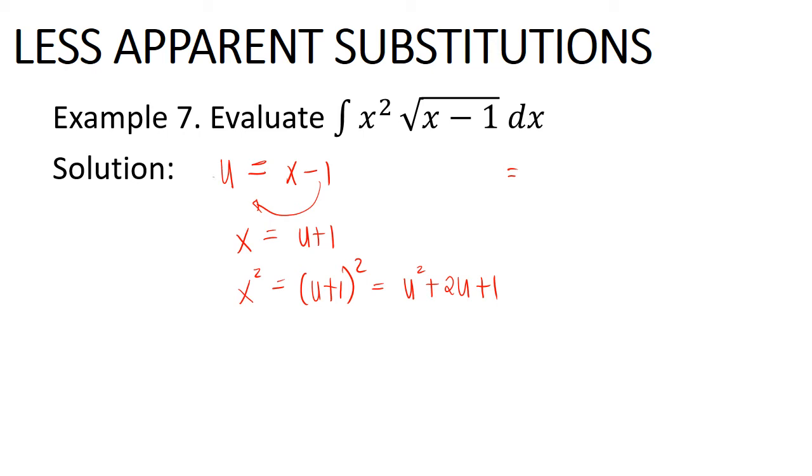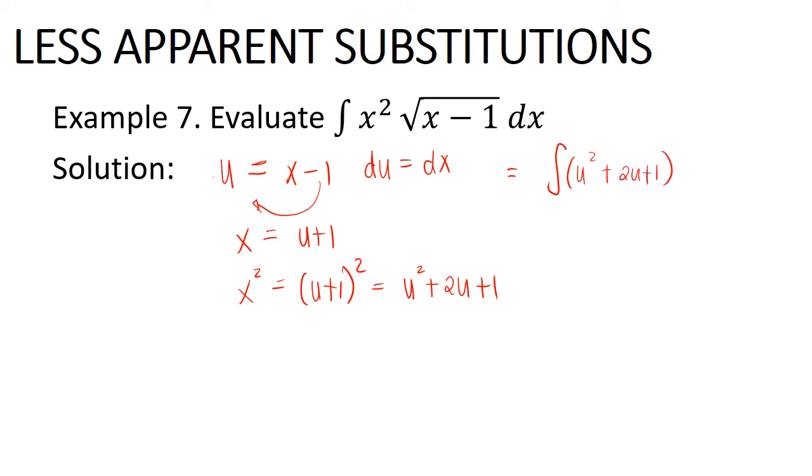So, if u equals x minus 1, then ang derivative ni du ay simply dx. Yun lang din naman pala. So, pwede tayo mag-substitute. Ano po yung value ng x squared? u plus 1 squared or u squared plus 2u plus 1.